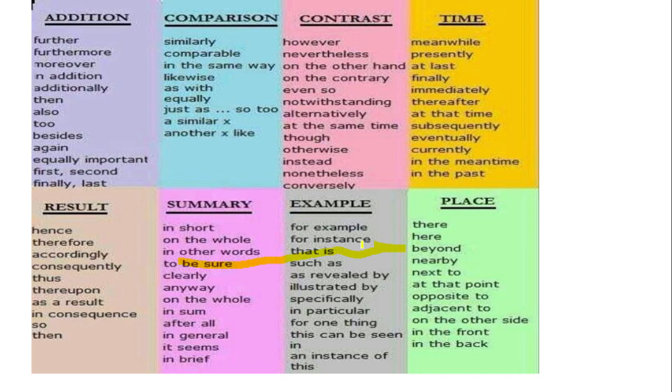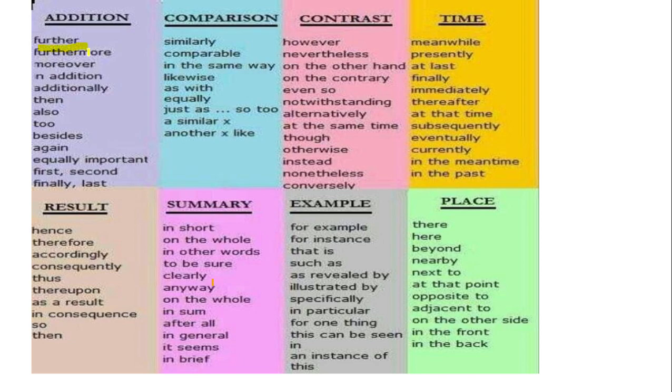These are the connectors chart, which will help you to keep your summary in a continuous flow. There could be a possibility, students, when you're picking up your notes, in which there is a situation where you're adding up things for your summary writing.